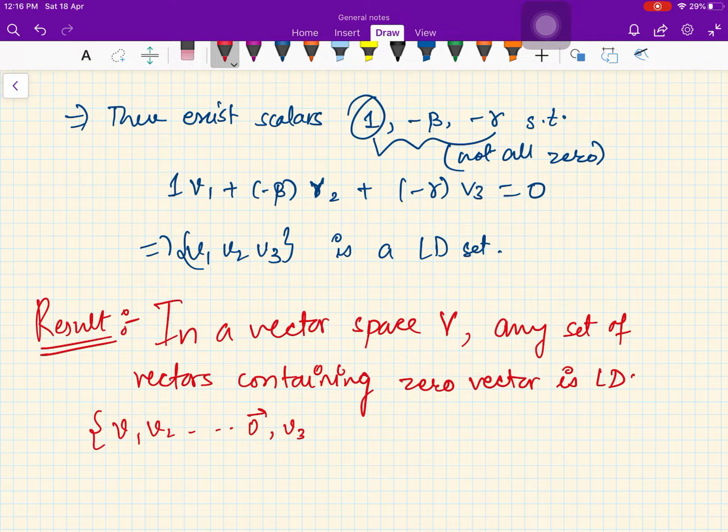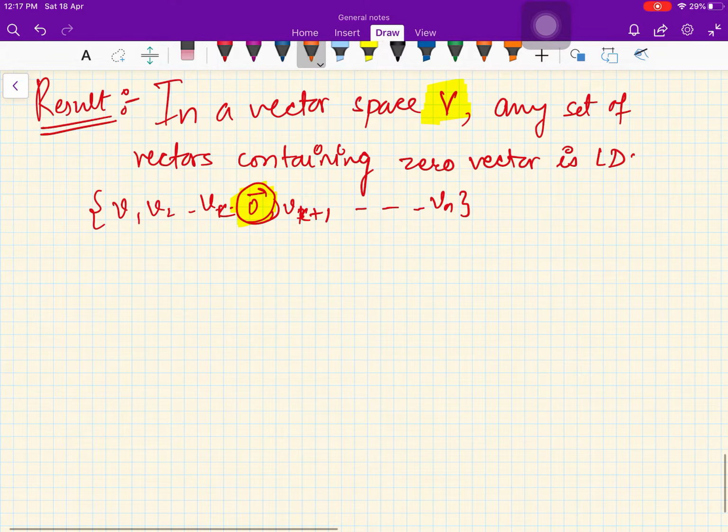So it means that the moment you see a set which contains a zero vector, say v1, ..., vk, zero, vk plus 1, ..., you can just call it linearly dependent without checking anything. The moment you see the zero vector inside a set of a vector space V, you can straight away say that set is going to be linearly dependent.